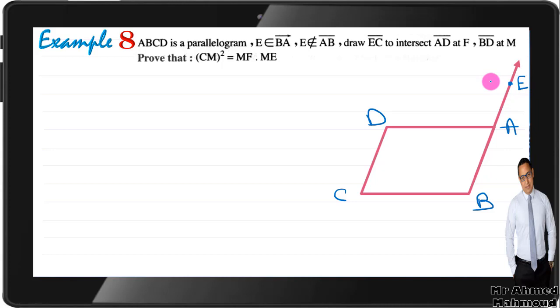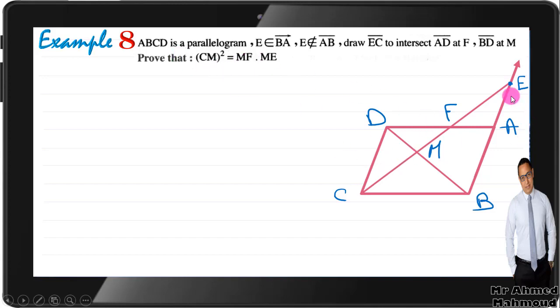Now E doesn't belong to AB, as I said. Draw EC, connect AC like this. Okay, to intersect AD at F, this is F, and intersect BD. So I need to draw BD like this, and at M. This is the intersection between BD and EC. Okay, prove that CM to the power of 2 equals MF times ME.